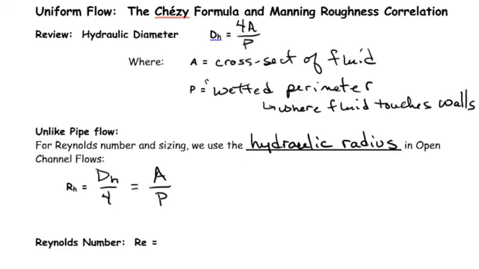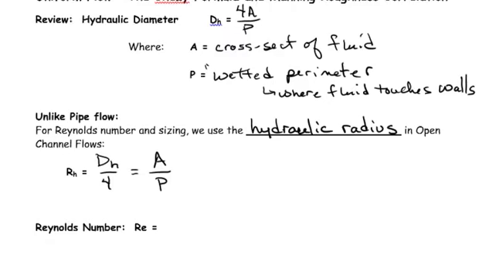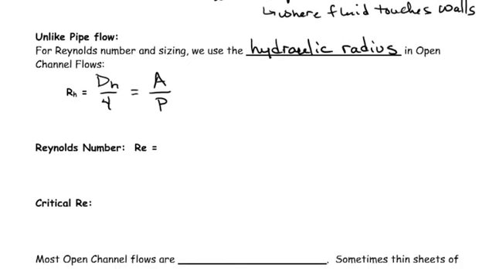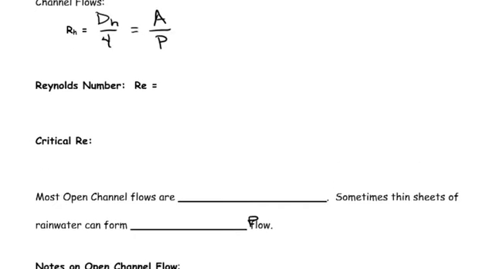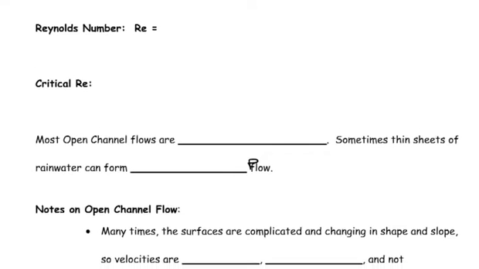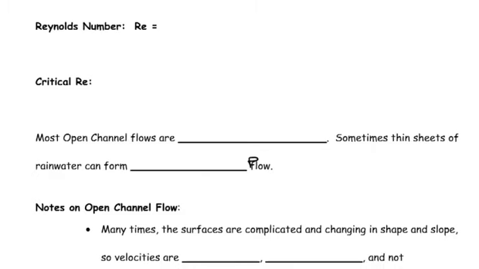Okay, so when we do our Reynolds number, I don't know if you remember, but a Reynolds number had a characteristic length in it that depended on the situation. So in this situation, we're going to define our Reynolds number as having an RH, a hydraulic radius in it. So our Reynolds number is going to be our velocity times our RH rather than a D over nu.